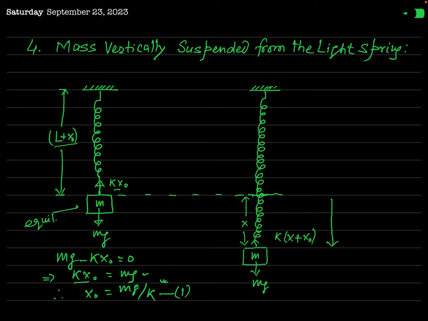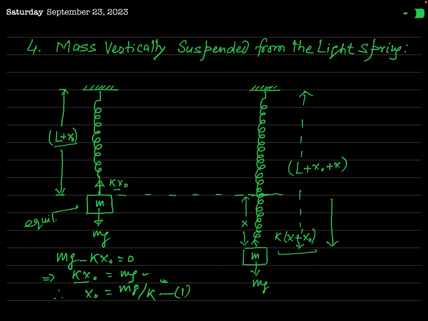Now you can see the total length of this spring will be L plus x naught plus x. It means now this spring is elongated by x plus x naught.